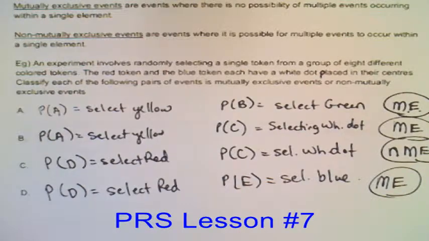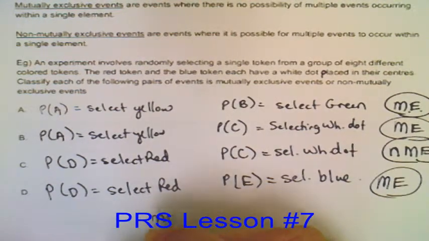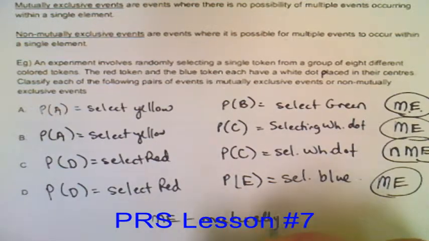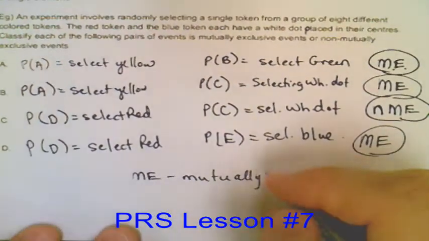The events themselves are not defined in terms of the white dots. So because of that, it's mutually exclusive again. So it's not just selecting these ones. It has to do with the events themselves. Is it possible for both of them to be satisfied at the same time?